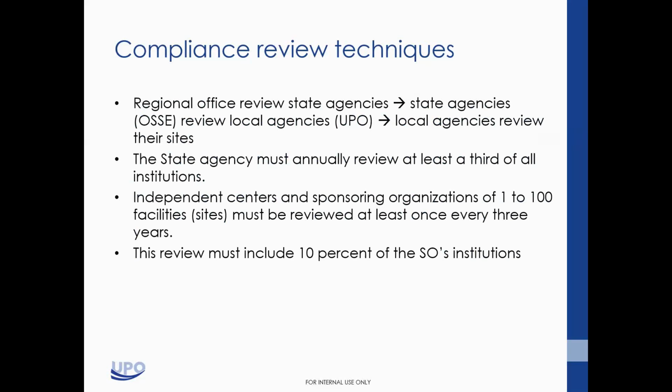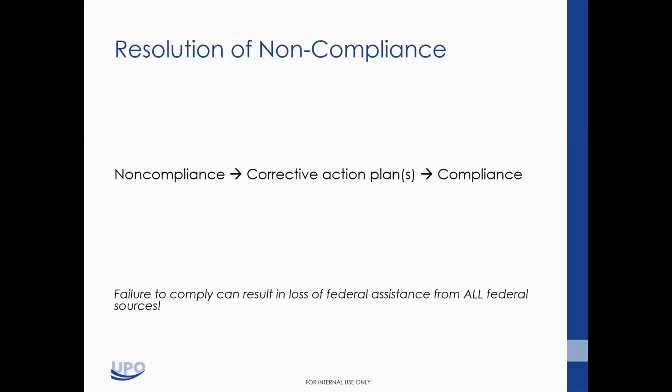The state agency must annually review at least a third of all institutions. Independent centers and sponsoring organizations of 1 to 100 facilities must be reviewed every 3 years. So they review us to make sure that we're not discriminating and we're following procedures.